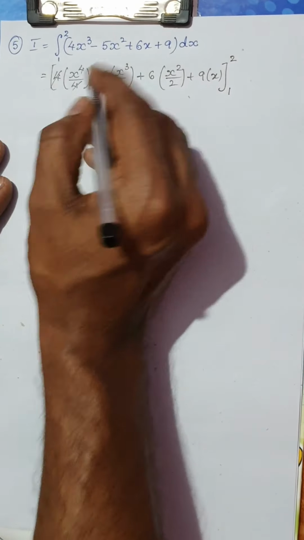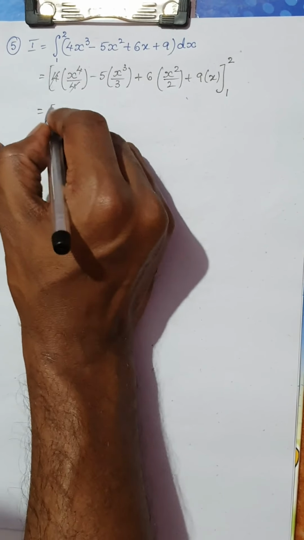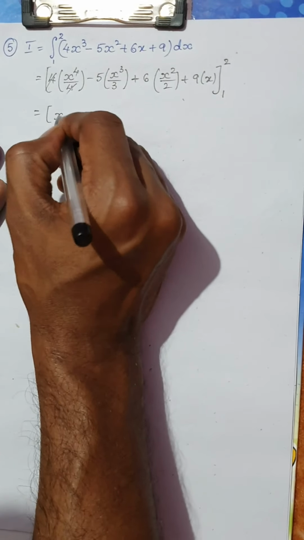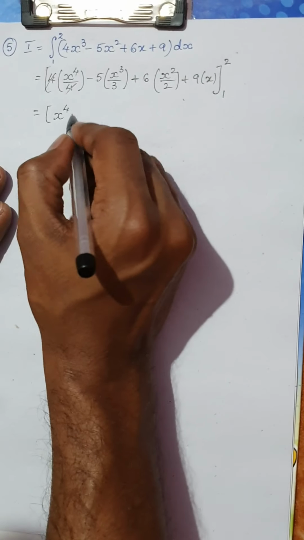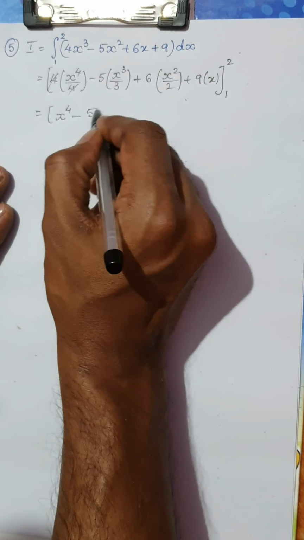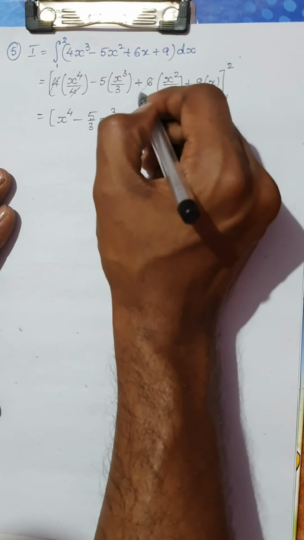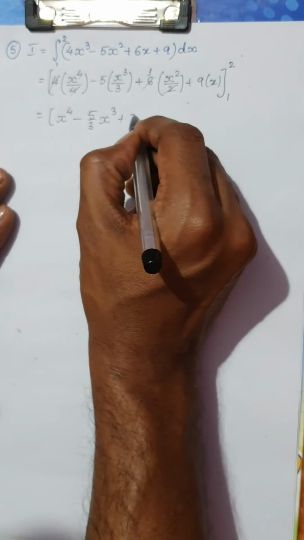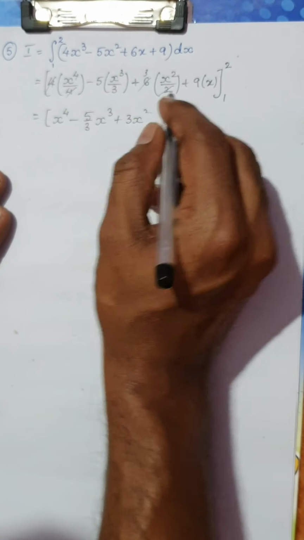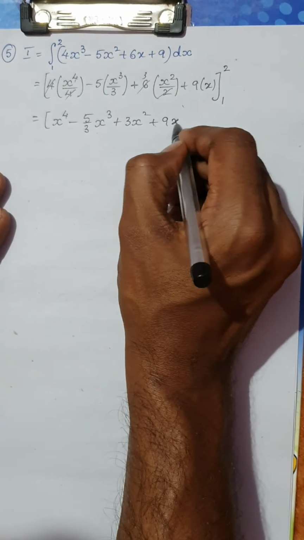Okay. Now let us simplify before applying the limits. This is nothing but 4 and 4 get cancelled. So you have x power 4, okay, minus 5 by 3 into x cube. Now 6 ones are 6, 6 threes are 18 by 2, so that is nothing but 3 times x square plus 9 times x.